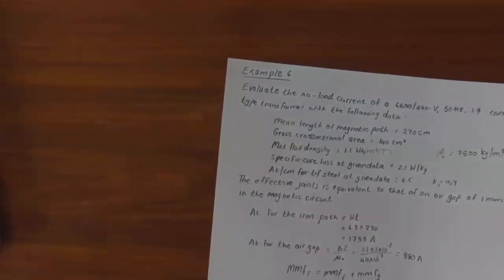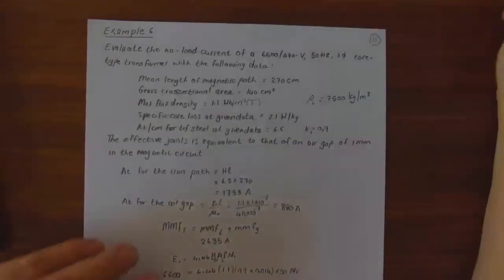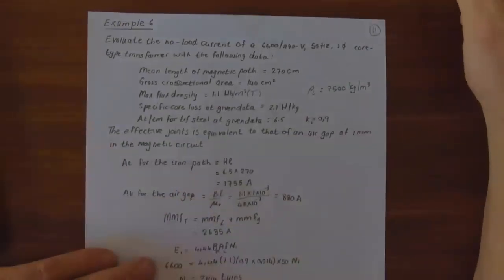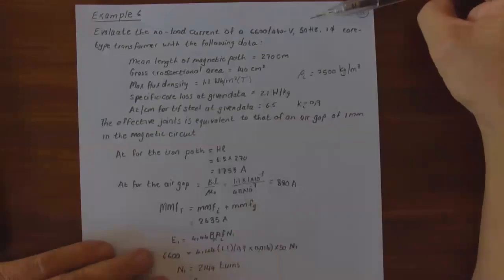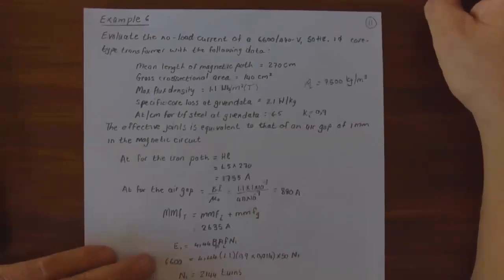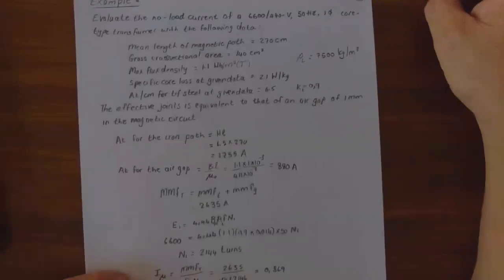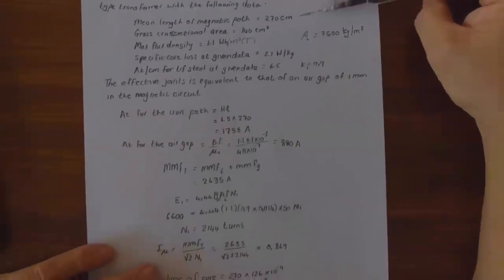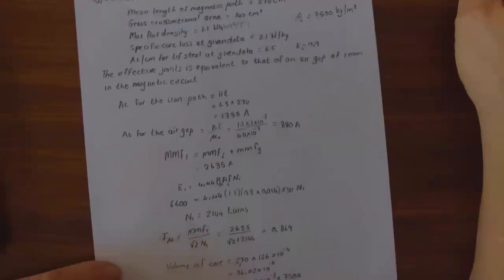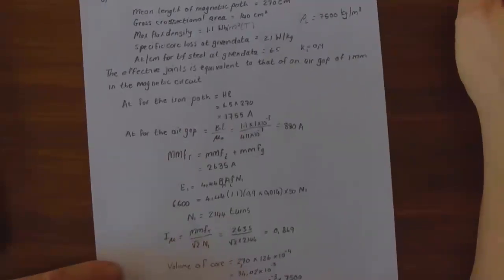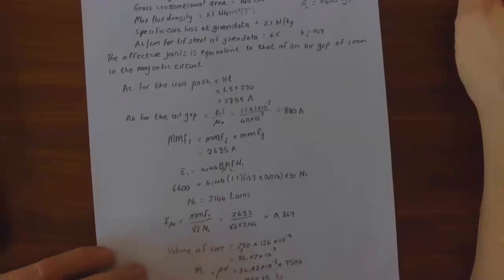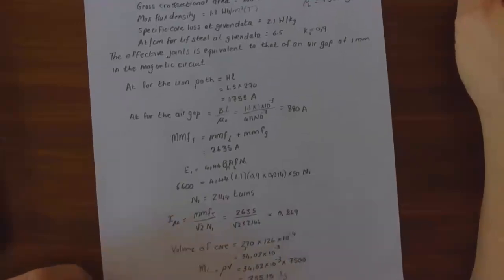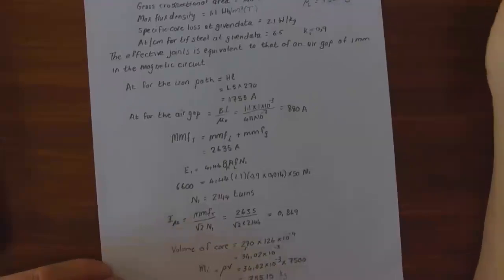And then finally, evaluate the no load current of a 6,600/440 volt 50 Hz single phase core type transformer with the following data. Mean length of the magnetic path 270 centimeters, cross-sectional area is 140 square centimeters, maximum flux density is 1.1 Tesla, the specific weight of the iron is 7,500 kilograms per cubic meter.